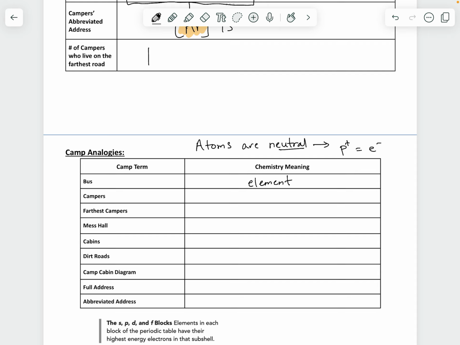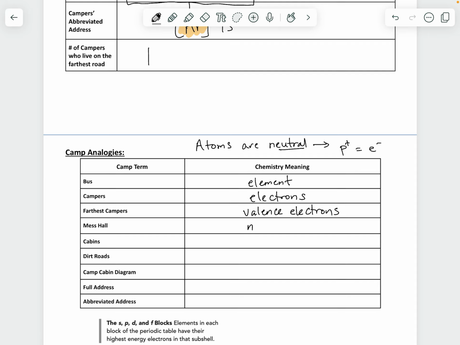Now we're talking about placing these campers further and further away in these cabins. Well, if I'm talking about an atom, then the things that get placed further and further away from the center are the electrons. And so the campers are actually the electrons in this case, because we're assuming all of these are neutral atoms. The farthest campers are, of course, our valence electrons, right? The ones that occupy that furthest shell.